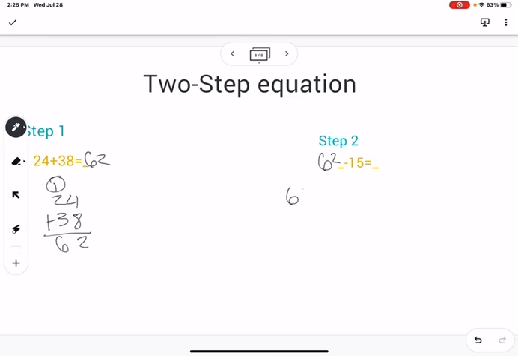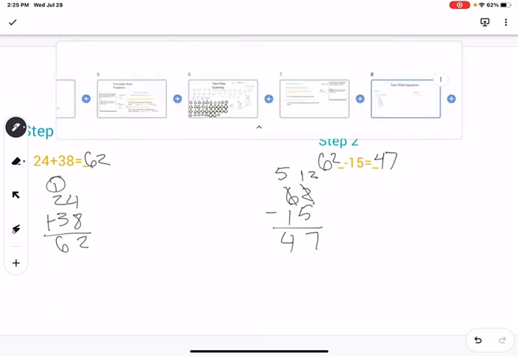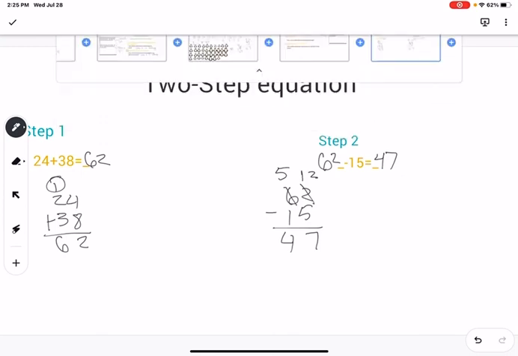So we would do 62 minus 15. We need to borrow, turn that into a 5, that into a 12. 12 minus 5 is 7. 5 minus 1 is 4, which gives us our 47.